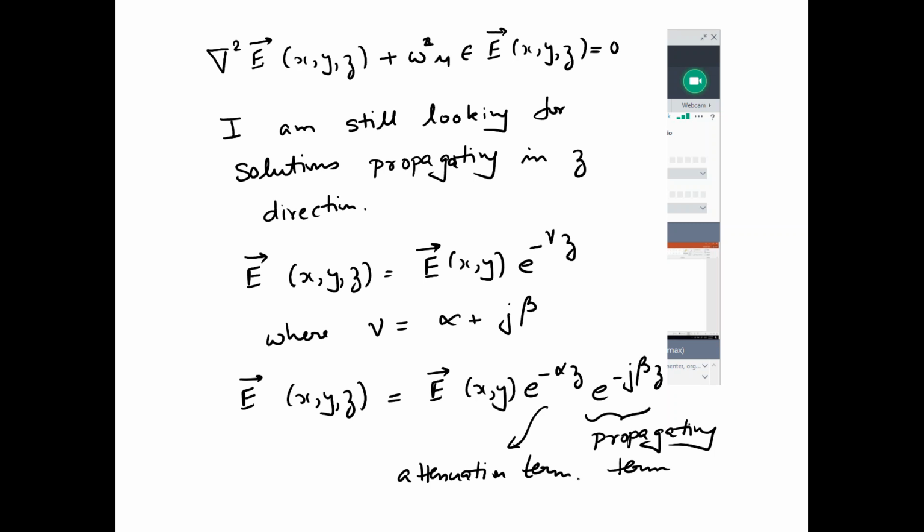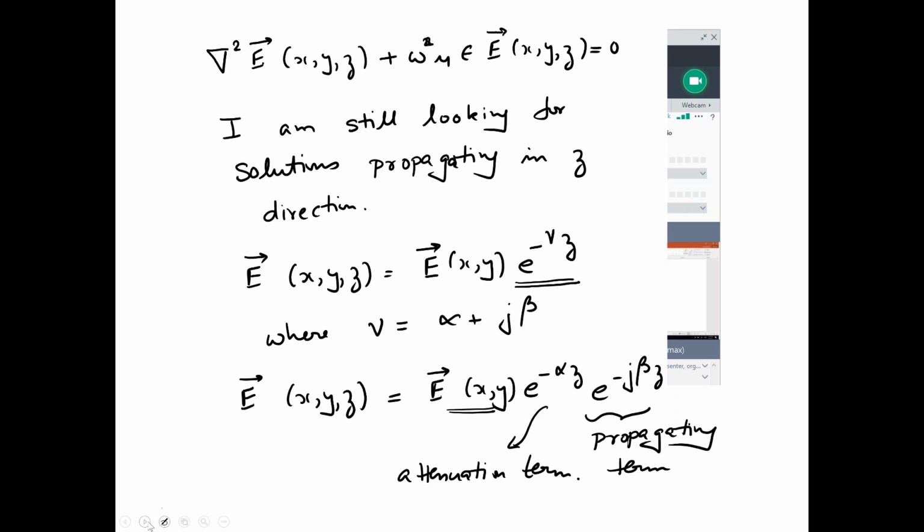So I'm still looking for solutions of a specific form, which are propagating in the z direction. And they could now have amplitude variations in x and y direction.